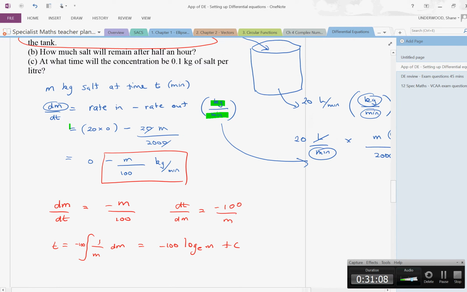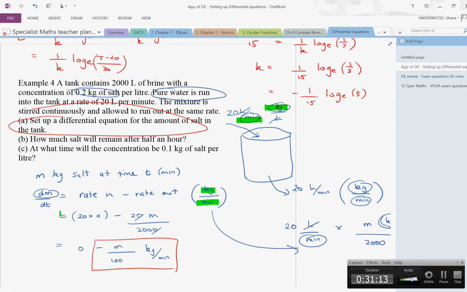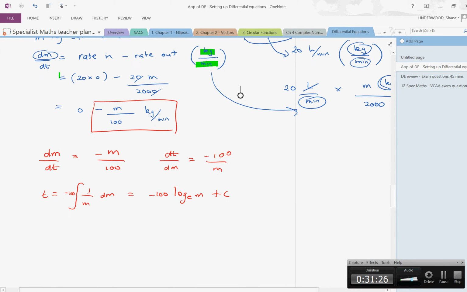It doesn't directly tell you, but this is brine. Brine means it's like a salt solution. So we've got all this salt in here. If I've got 2,000 litres times 0.2 kilograms of salt per litre, isn't that equal to 400 kilograms of salt?